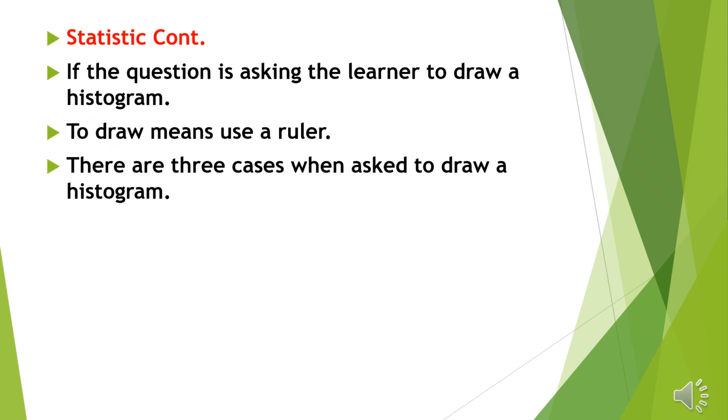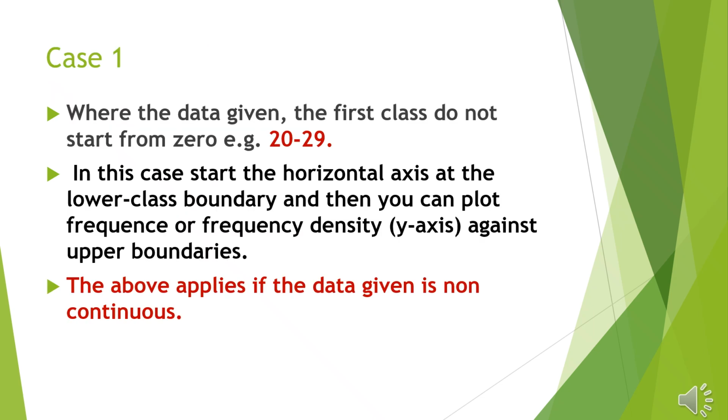If the question is asking the learner to draw a histogram, to draw means use a ruler. Then in statistics, there are 3 cases when asked to draw a histogram. Case number 1, it depends on the data. Case number 1, where in the data given, the first class does not start from 0.